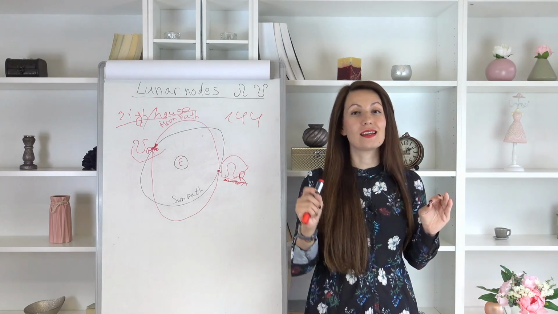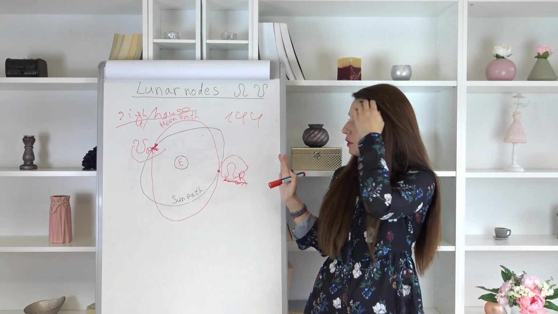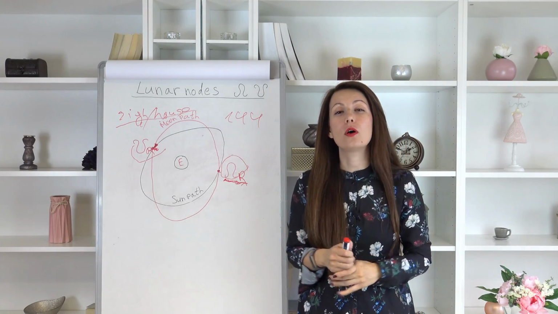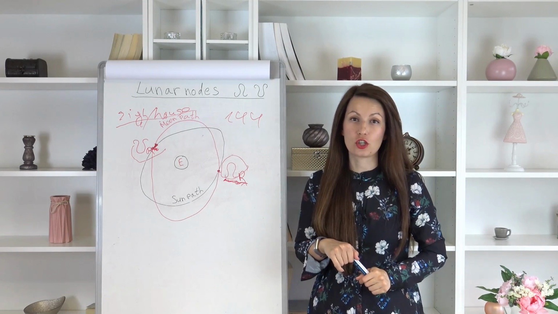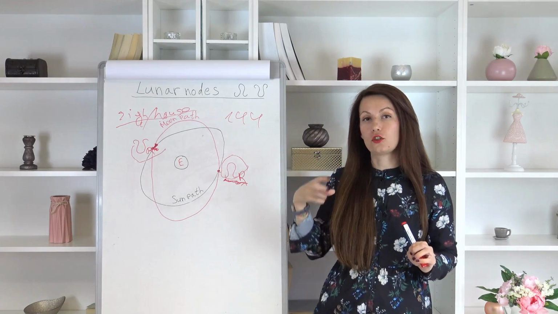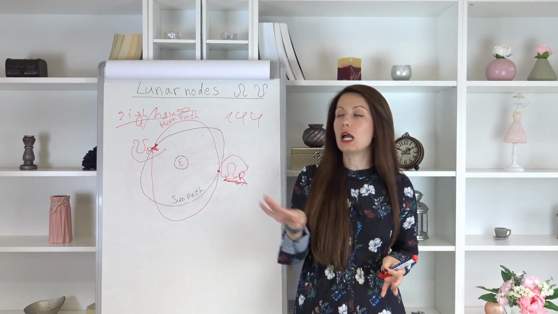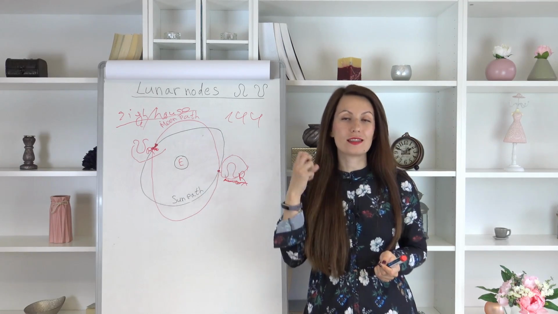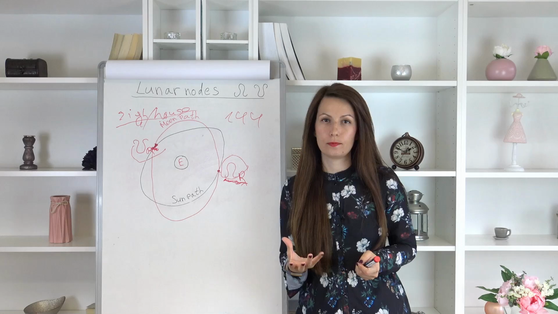But please, guys, don't forget about your lunar nodes. They are really one of the most important indications in the chart. If I had to pick only one indication to analyze in someone's chart, I would definitely pick the lunar nodes. That's how important they are.